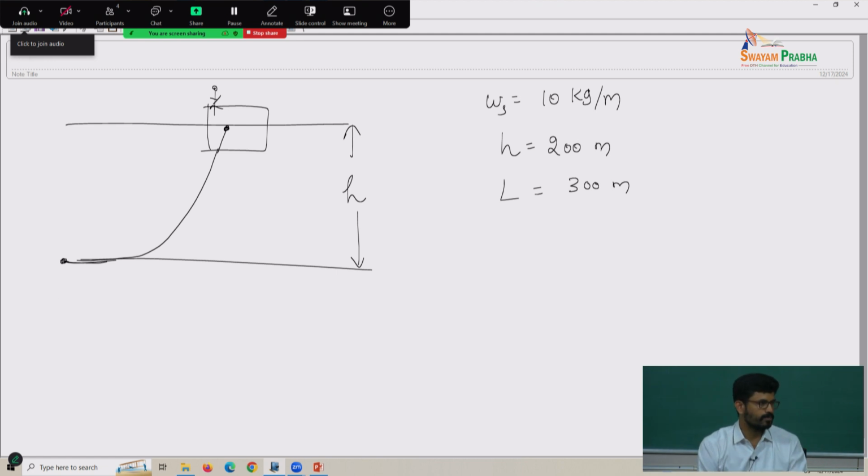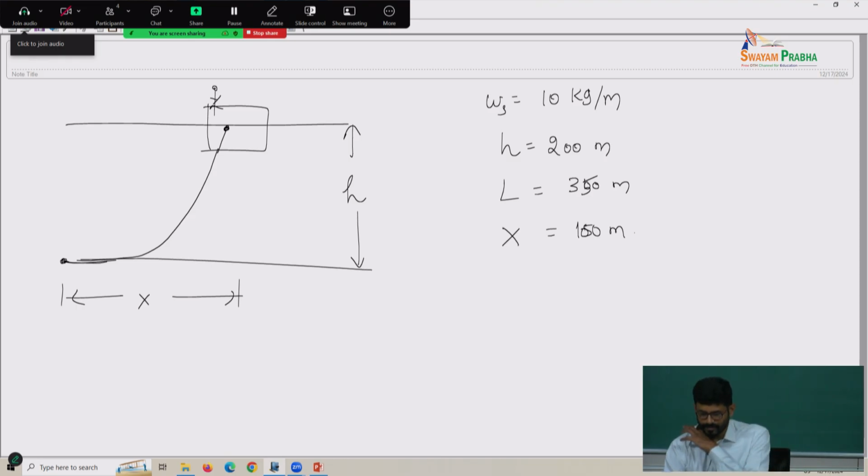As the person who goes for installation, he knows I put an anchor here and moved this much distance. So this distance is also known to me. Let us take this as x, around 150 meters or 100 meters. Let us increase it to 350, for safety. Fine. So now you have certain inputs, right?